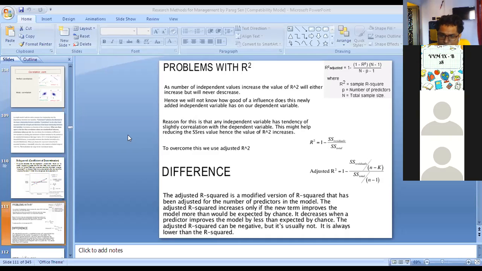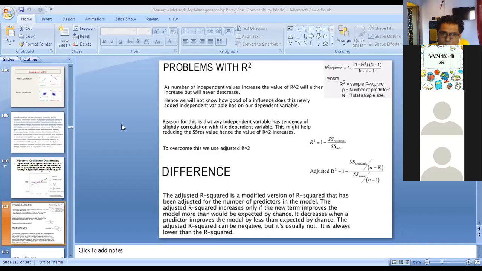But adjusted R square is better than R square. Instead of R square, you will use adjusted R square in your research work, because adjusted R square will help you identify how strong your relationship is, and there will be no bias.